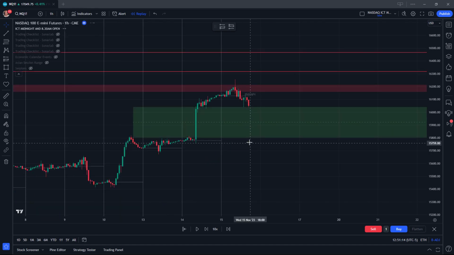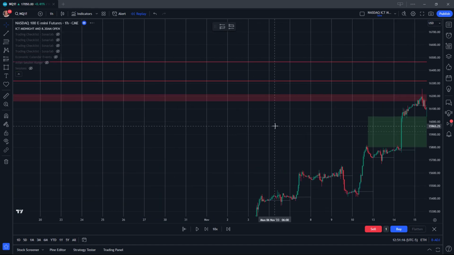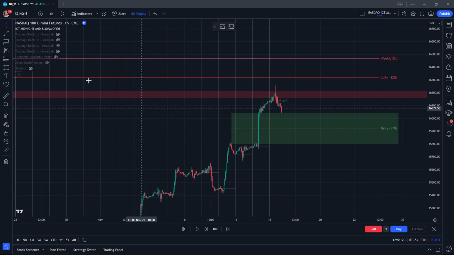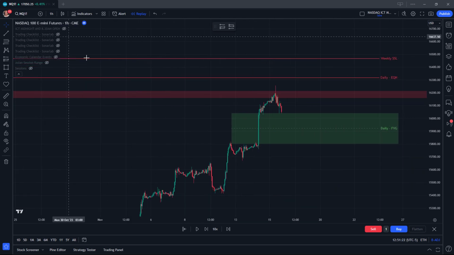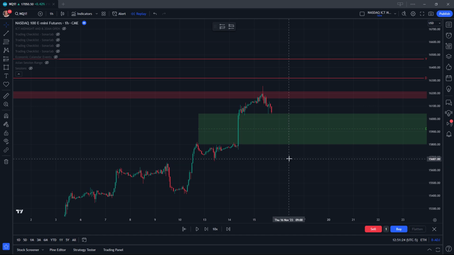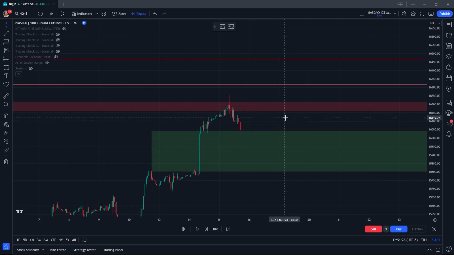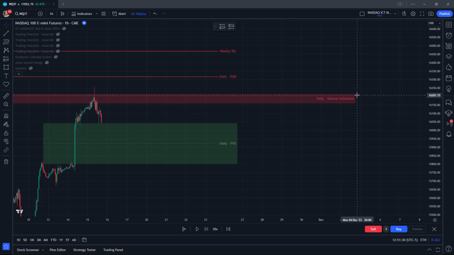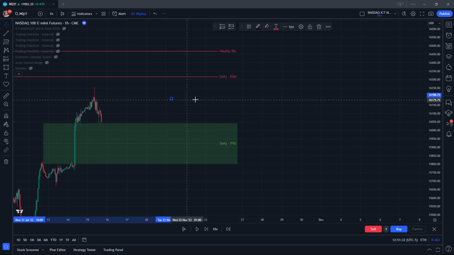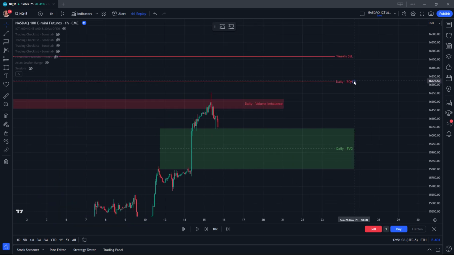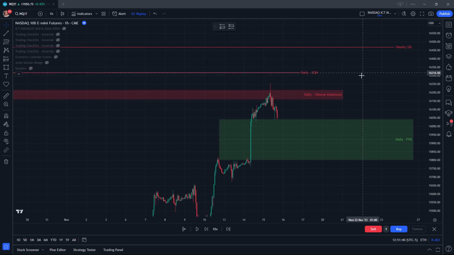Let's drop down to 1 hour, see if anything else stands out. Okay, so what appears to be price rejecting off this daily volume imbalance. We haven't hit the daily equal highs yet.